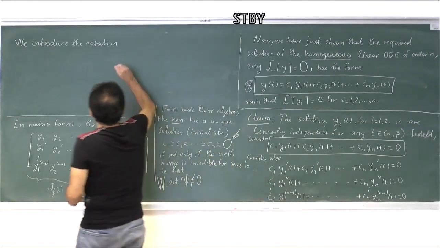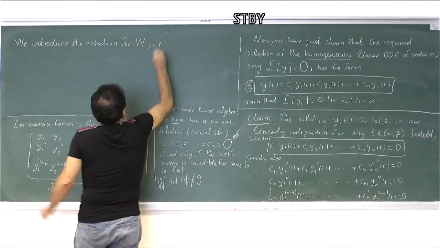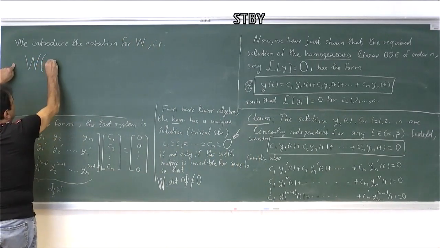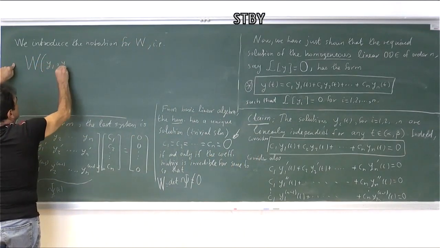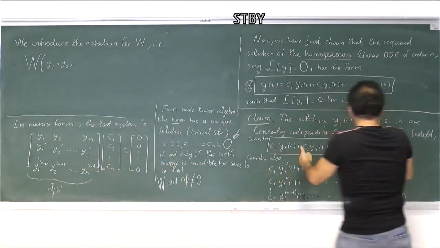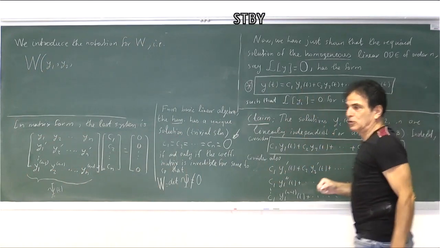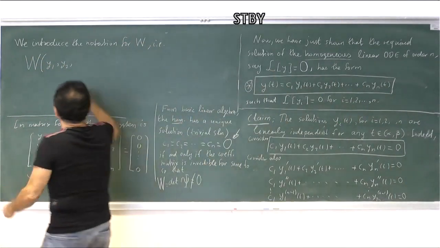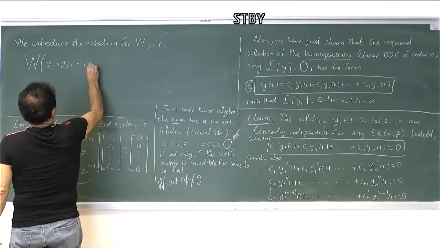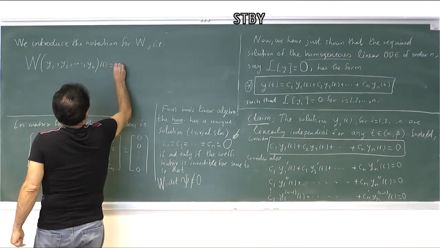Notation: the Wronskian determinant of n functions, which are the independent solutions of the homogeneous system. So we introduce this notation for the Wronskian determinant. Of course, it is a function of t in general.